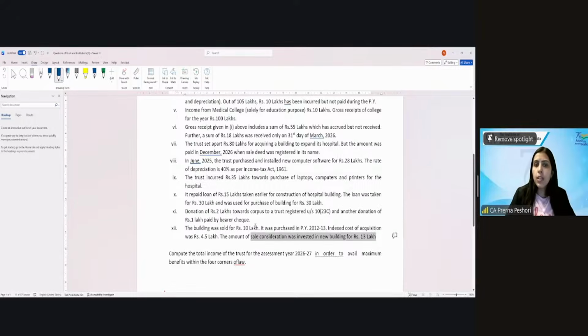See, the amount that I'm charging to tax is only 10 minus 4.5, which is 5.5. So I'm not charging the entire 10 lakh to the income. I'm offering only 5.5. So the application I'm considering is restricted to the capital gain that is taxed in the income. Clear?